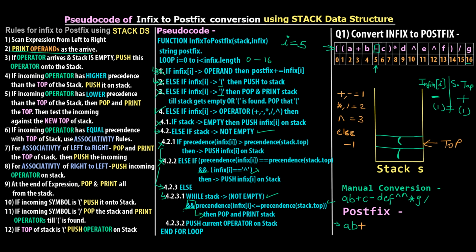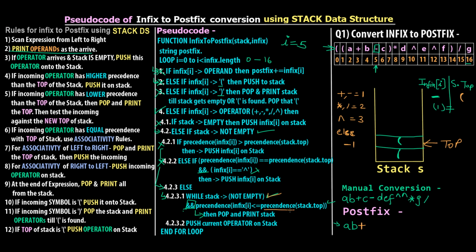Again the while loop will execute because obviously stack is not empty. So this condition is true. However, now when we check the precedence, infix of I is still minus. But now the top of stack is an opening bracket. What is the precedence of opening bracket? The precedence of opening bracket is minus 1 because it is not an operator. So the precedence function will return minus 1.